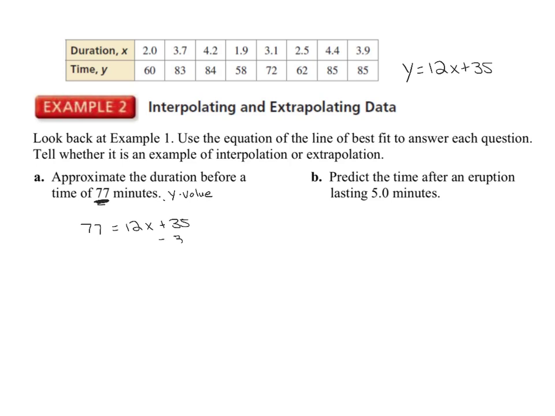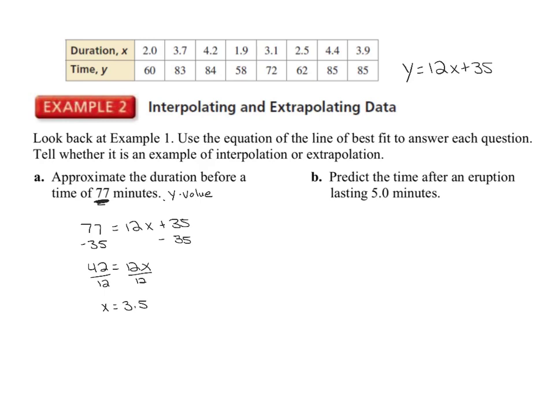Now just do some algebra. So subtract 35 from both sides. I get that 42 equals 12x. Divide both sides by 12, and I get that x equals 3.5.